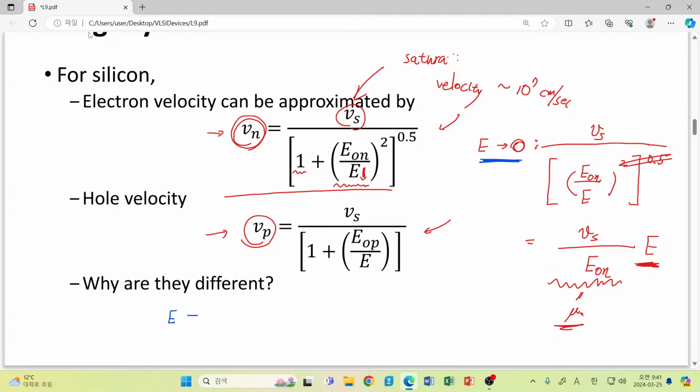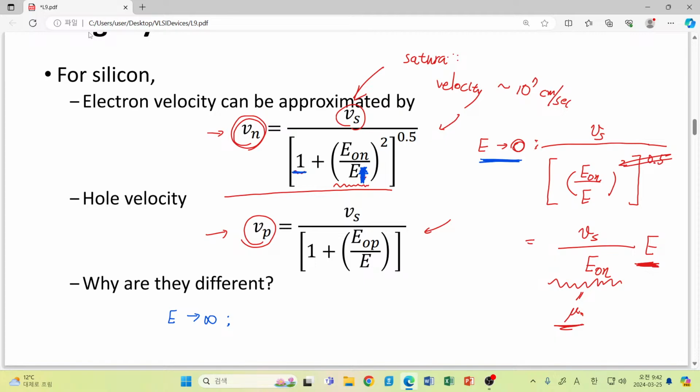Instead of that, now let's go to quite a high electric field. Then what will happen? Now if our electric field goes to a very high value, then this ratio does not contribute any further compared with this number 1.